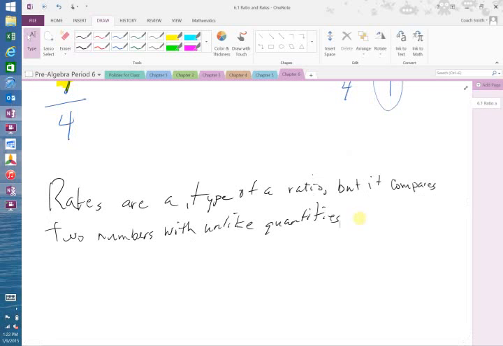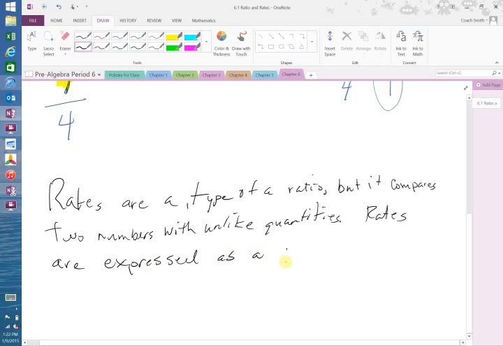Now, rates are expressed as a proper fraction, mixed number, whole number, or decimal.